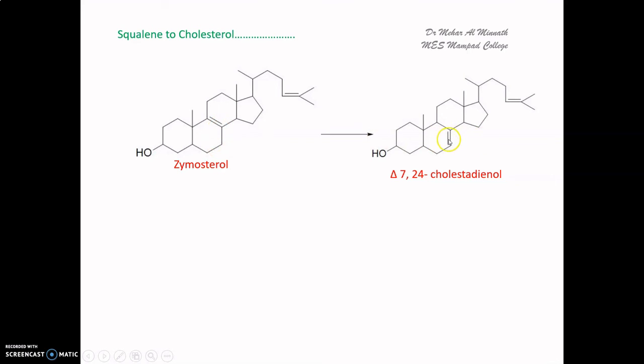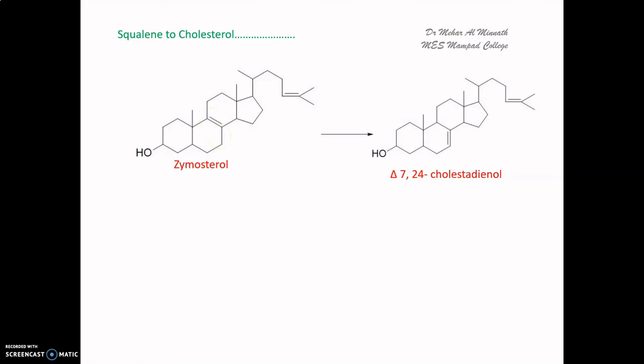So zymosterol gets converted to delta 7,24-cholestadienol by the migration of the double bond from C8-C9 to C8-C7.